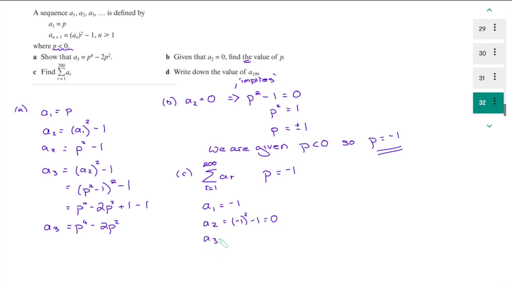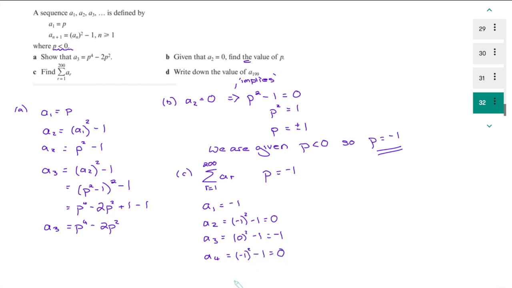A3 equals 0 squared -1 equals -1. Oh, now you should notice something here. We're in a recurrence relationship. So once you get the same number back again, you're just going to keep performing the same thing, because I'm just going back to the previous term.